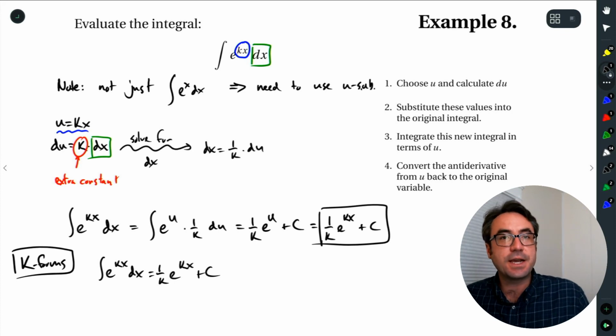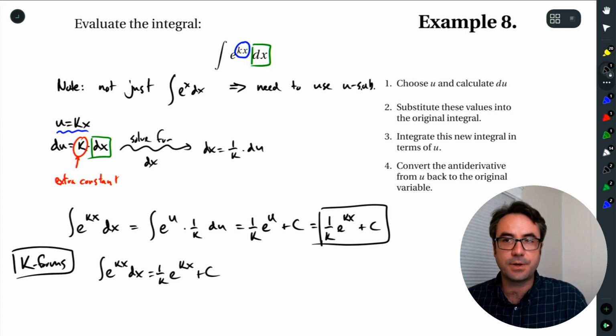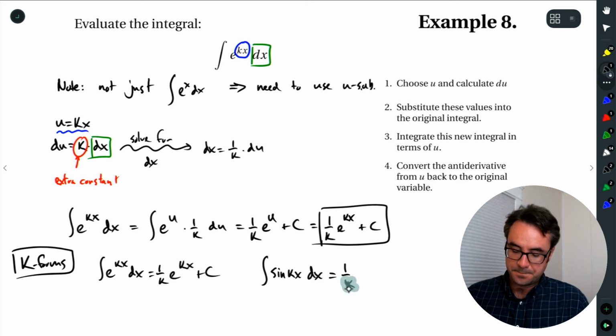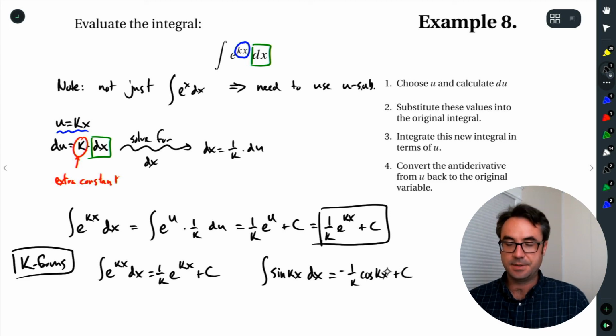But then there's ones for sine and cosine and some of the other ones as well. So sine and cosine are the more frequent ones. So we also have the integral of sine of kx dx, and that's negative 1 over k cosine of kx plus c.